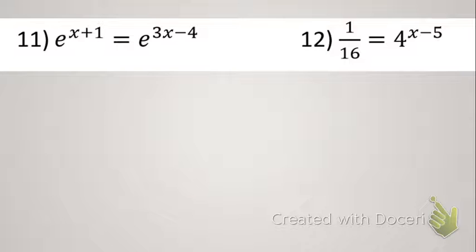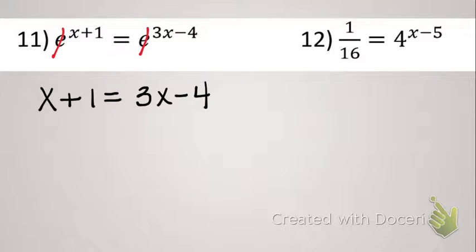You already have a common base. See, if the bases are the same, you can drop it. And you just have to solve x plus 1 equals 3x minus 4. So you can just solve that for x.